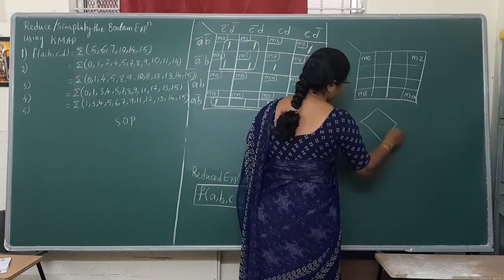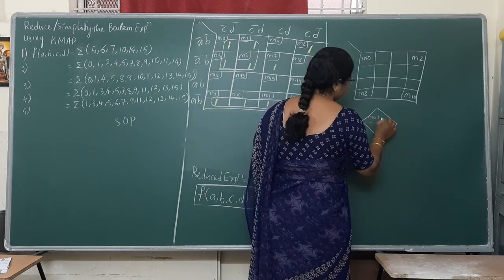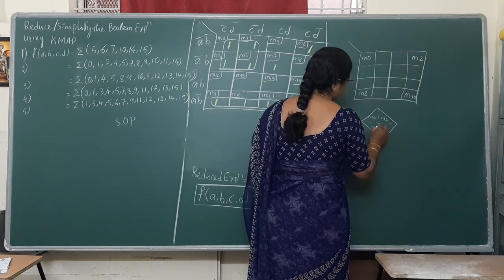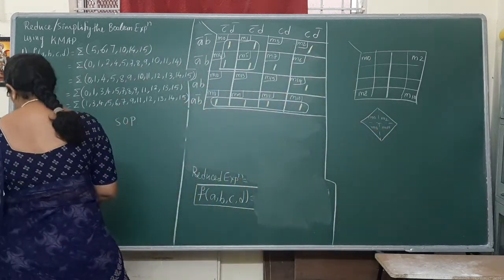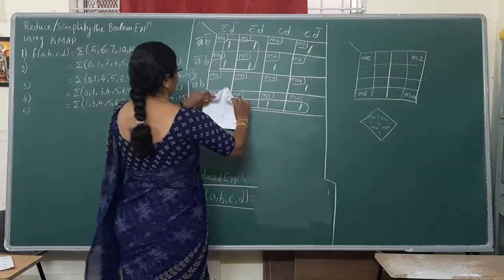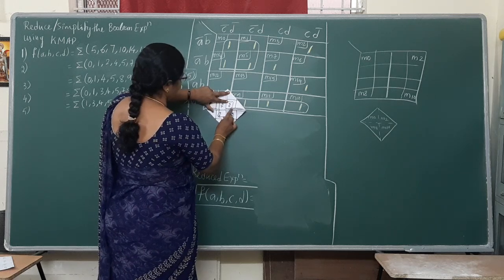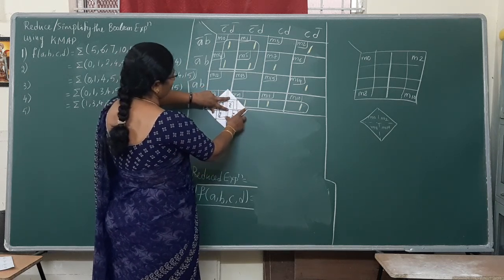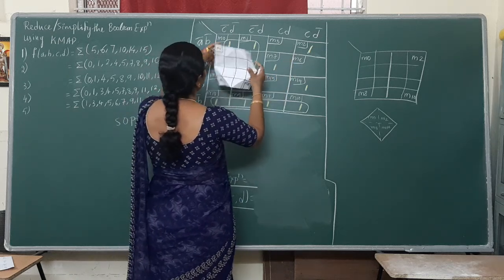Yesterday, do you remember this group you did? M0, M2, M8, M10. Yes, this group you need to do now. If you do the group of these, how will your group come?